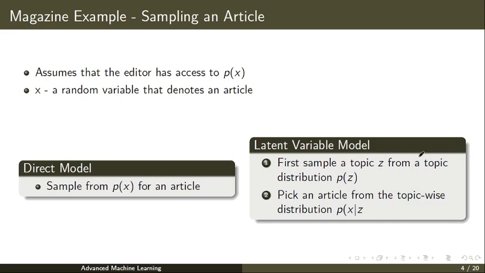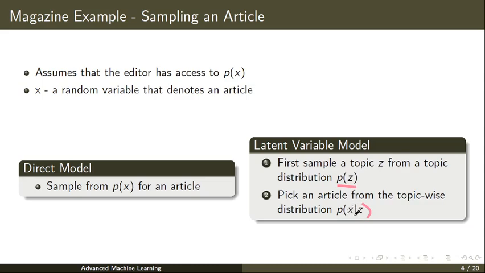So it is something like: you sample from a distribution P of Z, where Z is your latent variable, and then you pick an article from topic-wise P of X given Z. So this hidden variable is going to control your visible variable.